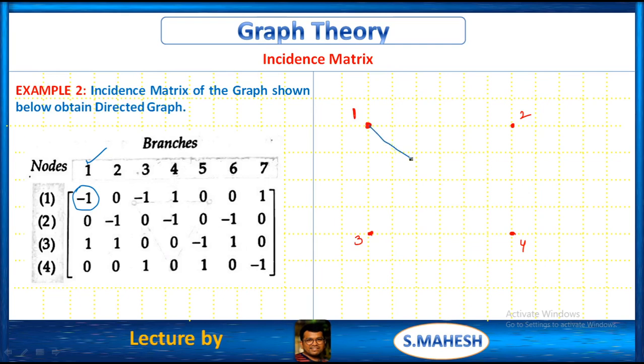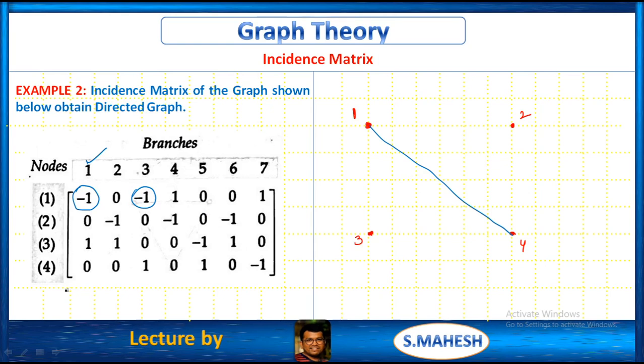Like that, branch 3 and node 1. It is also minus 1. Like that, 7. Where is 7? Node 4. 1, minus 1. It is from node 3.